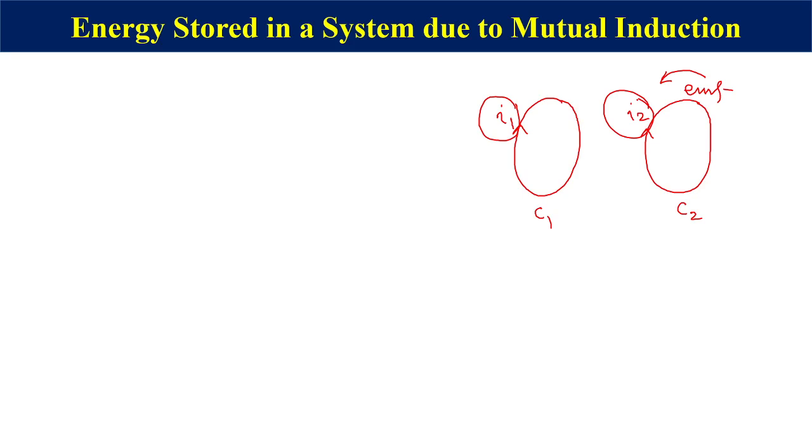So let us first consider the EMF induced in the coil C2 due to the current I1 flowing in circuit C1. So we know that the flux through the coil C2 due to the change in current. So let me write this.